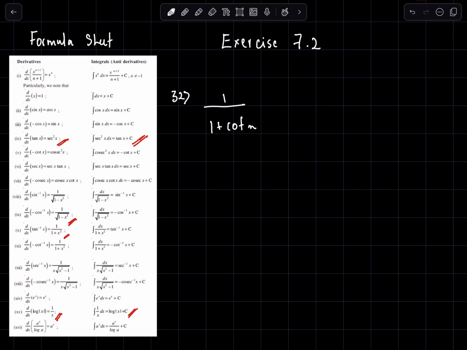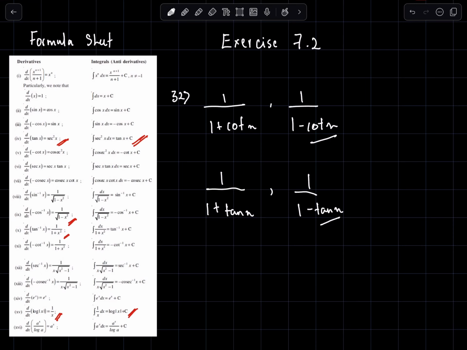This is interesting. Whenever you come across 1 divided by 1 plus cot x, or 1 plus tan x, or 1 minus tan x, or 1 minus cot x, or something like 1 over 1 plus tan x, or 1 over 1 minus tan x, break down the cot and tan in terms of sine and cosine, always in these questions.